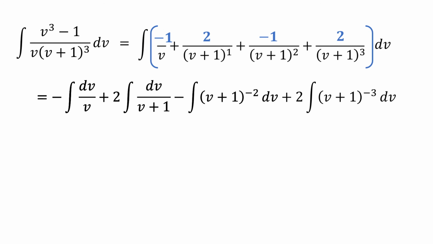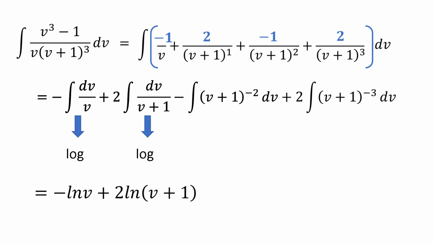The first term could be integrated by the logarithm formula, and the result is negative ln v. For the second term, we also can integrate this by the logarithm formula, which gives +2 ln of v plus 1.